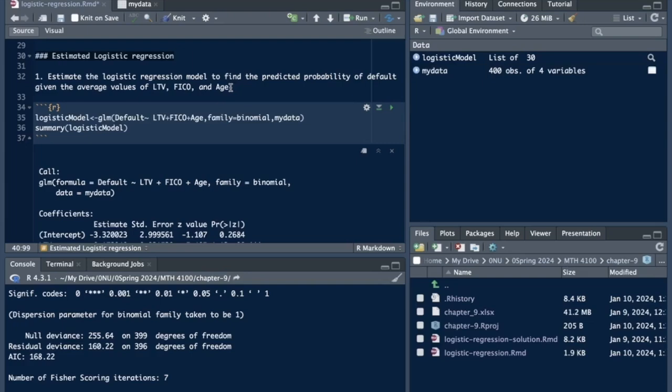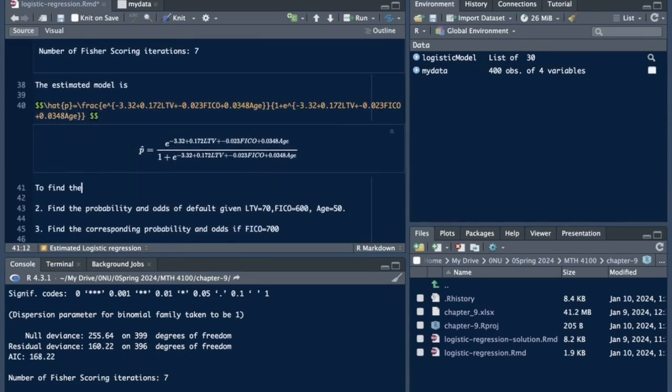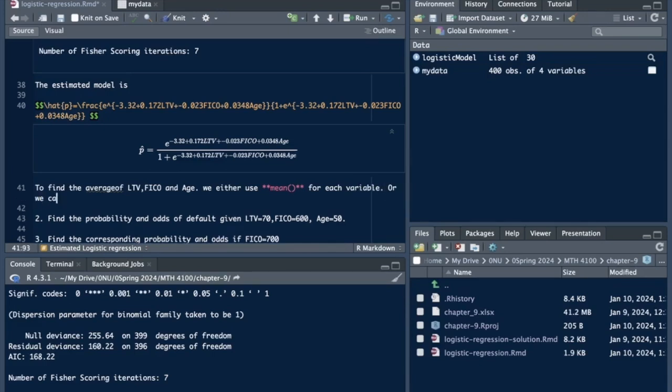Before we do this, we have to find the average of these values. We have two options to find the average of LTV, FICO, and age. Because we have many variables, we can either use mean for each variable, or let me introduce a new function: column means.